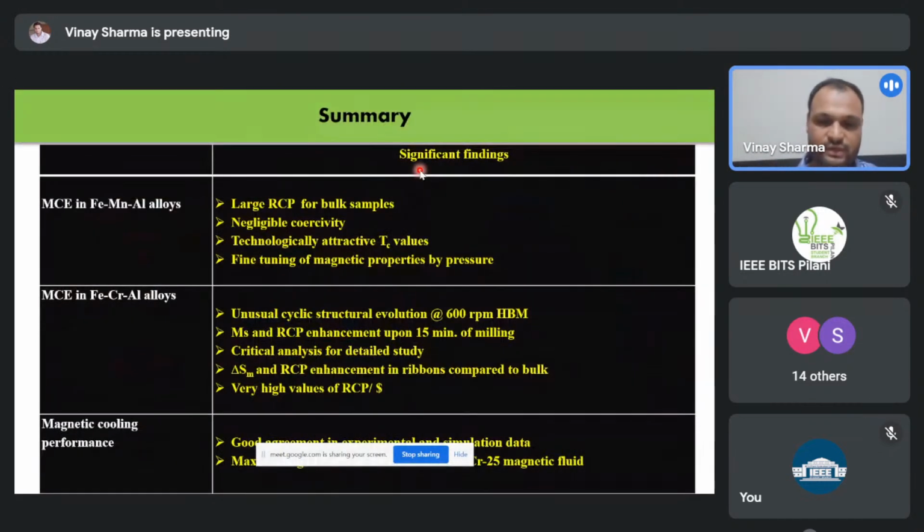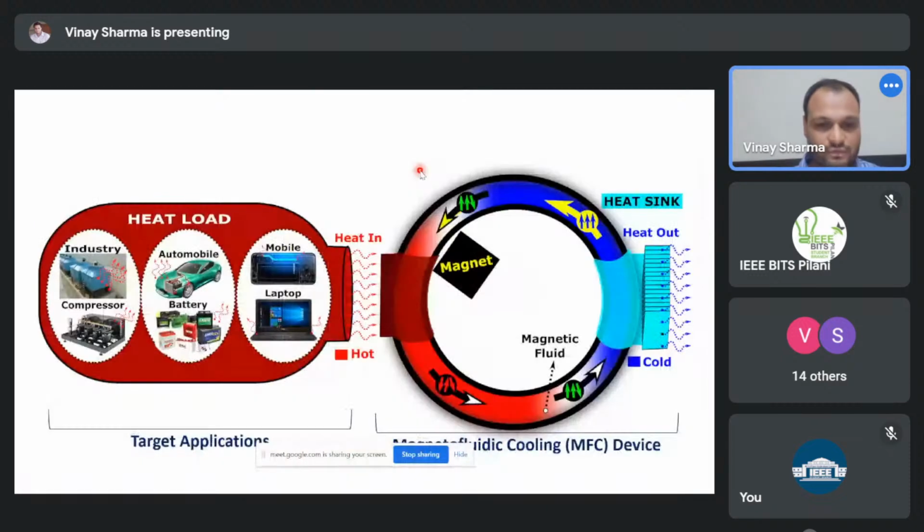Various companies are working with us on this device, and there are a lot of applications for this. As I told, on the hotter side there can be any heat load, and it will transfer the heat to the cold side. The heat load can be an industry application, for example, up to 200 degrees C. Then your fluid will change based on the application required.